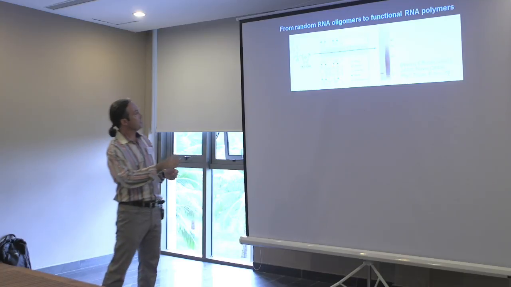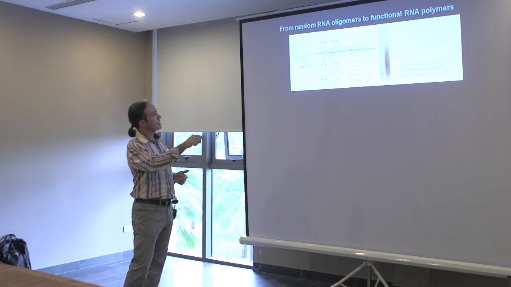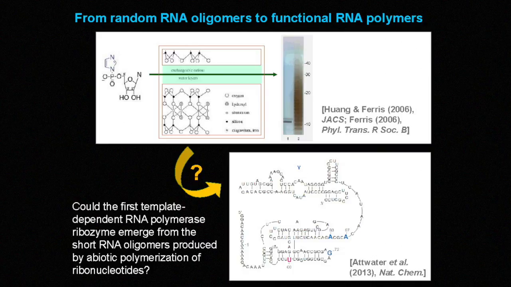If you polymerize RNA, for instance with this clay montmorillonite and activated nucleotides, and again electrophoresis, this is a 10 mer, 11 mer, 12 mer, up to 40 mer of RNA. Could this process lead to the appearance of the first RNA able to copy itself?